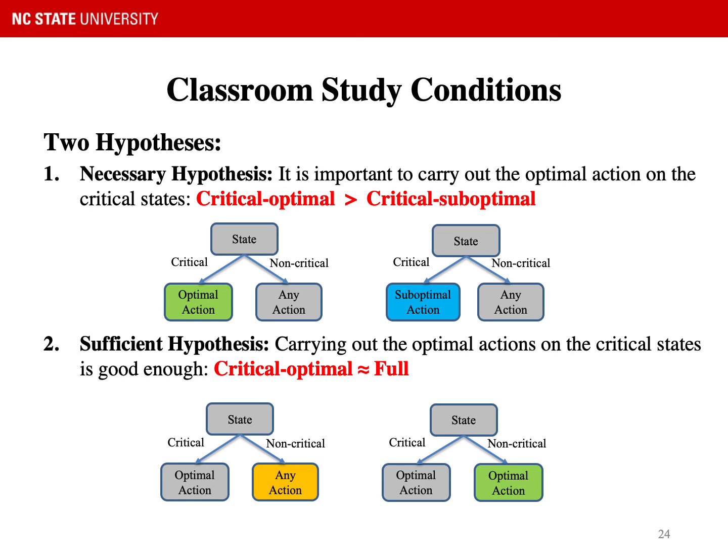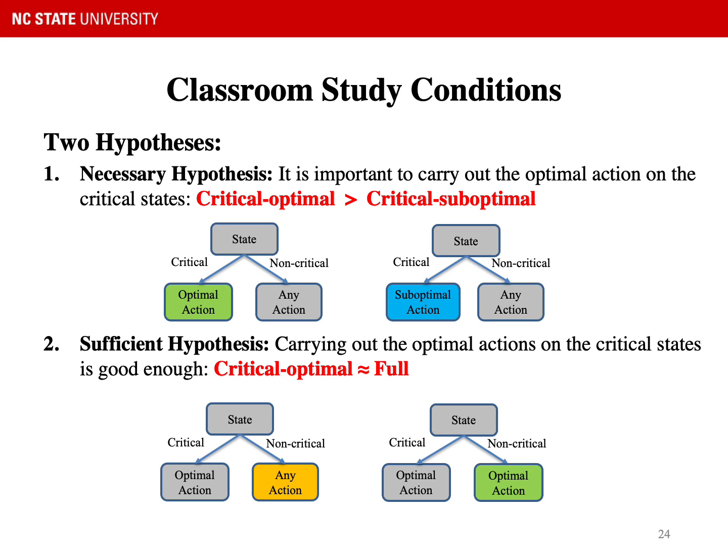To test the necessary hypothesis, we compared critical optimal policy, which takes optimal actions on the critical states and any action on the non-critical states, against a critical suboptimal policy, which takes suboptimal actions on the critical states and any actions on the non-critical states.